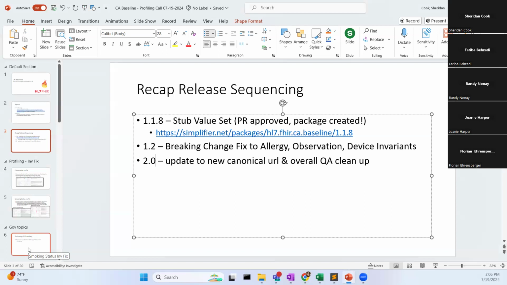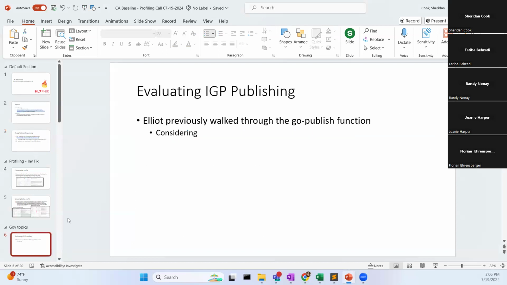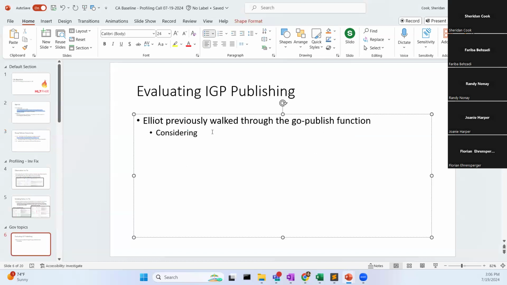I saw Elliot had joined. I know we'll come back to this in the second part of the topic, but Elliot, you walked the group two weeks ago through the process of using the Go Publish function of IG Publisher, and there were some hangups and challenges with recent updates to the tooling.